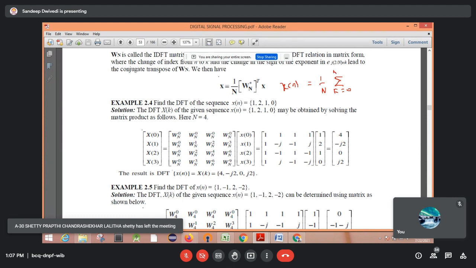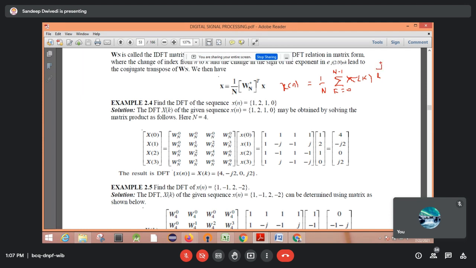Anyone can repeat this formula for me? What will be there here? It will be X of k, this is capital X. X of k e raised to power j 2 pi by N kn.